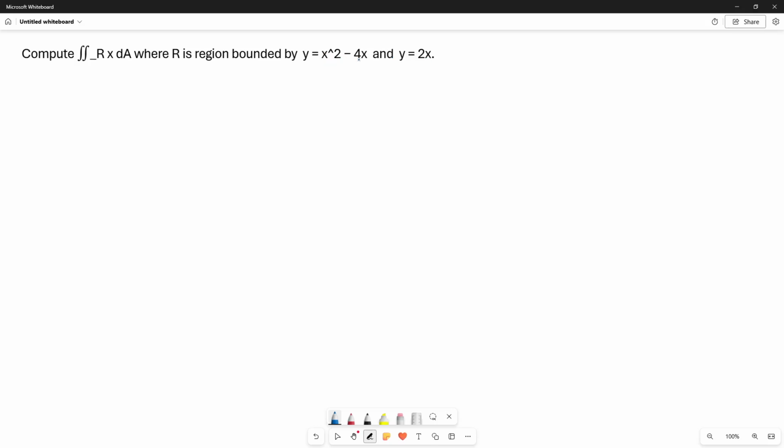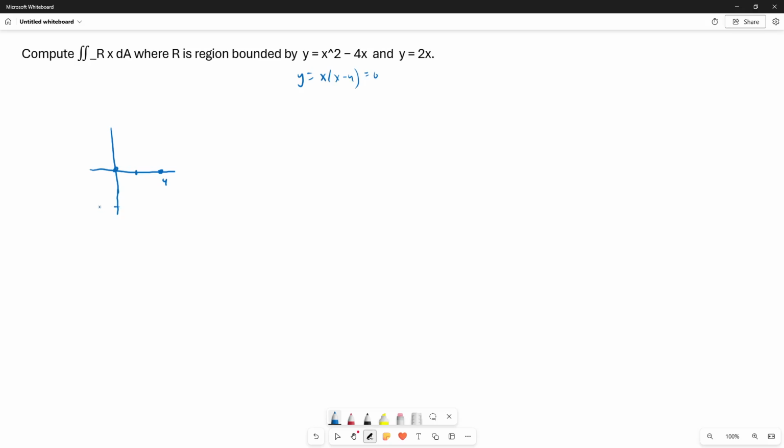y equals x squared minus 4x is a parabola that opens up, and if we write this as x times x minus 4, we can see that the roots are at 0 and 4, setting that equal to 0. So we have a parabola with roots at 0 and 4, and that means the vertex is in the middle at 2, and if we plug in 2 here, we get 4 minus 8, which is negative 4.